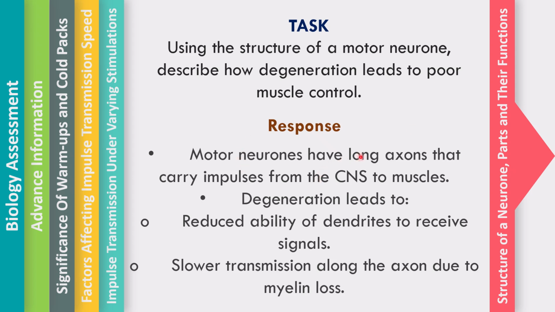Motor neurons have long axons that carry impulses from the central nervous system to muscles. Degeneration leads to reduced ability of dendrites to receive signals. Slow transmission along the axon due to myelin loss.